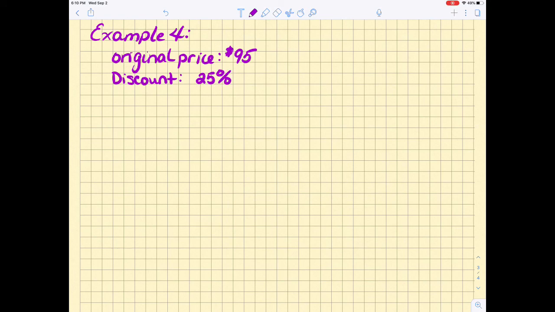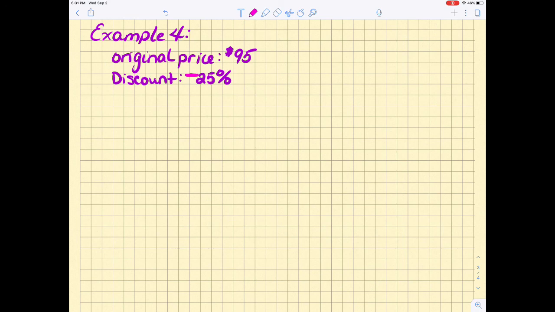If it is a discount, that means we're going down in price. We have to show that somehow, and that has to go in front of the percent. So we're actually subtracting 25% from the original price. So the discount is negative 25% because the price is going to go down.